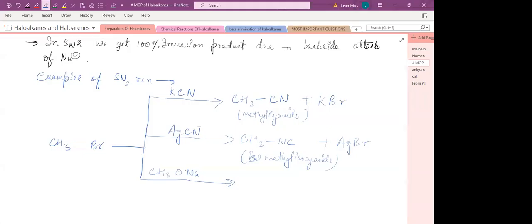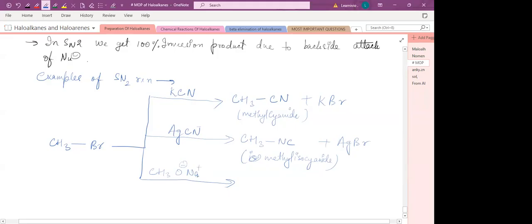In CH3ONa, which will acquire positive charge and which will acquire negative charge over here? Yeah, see, it's very easy. Obviously, CH3O minus and Na plus, right?